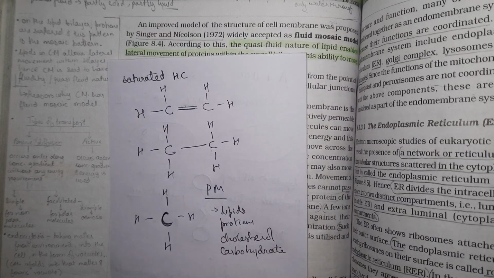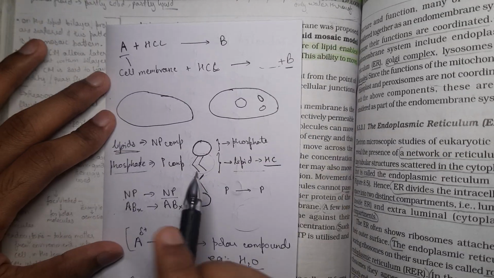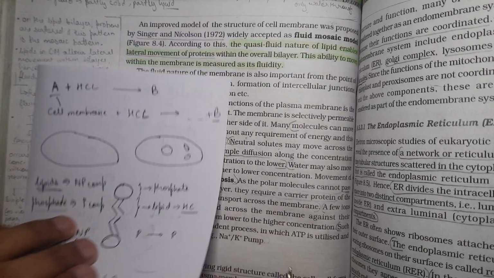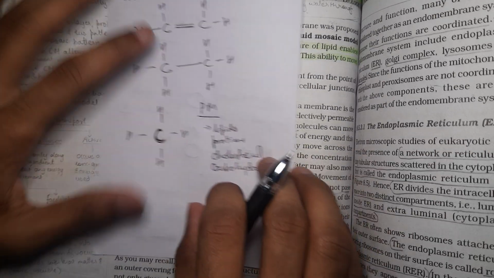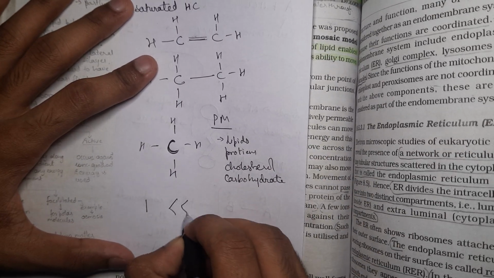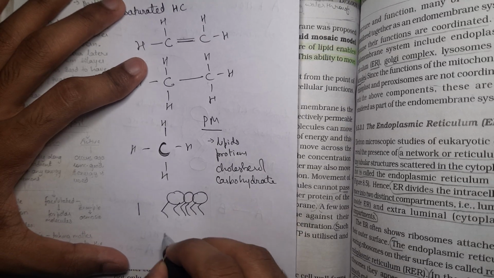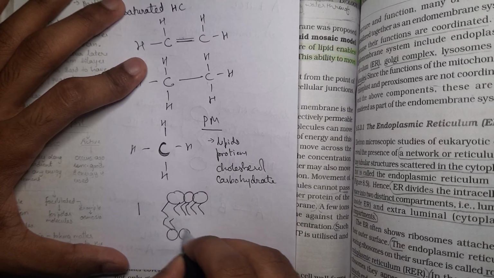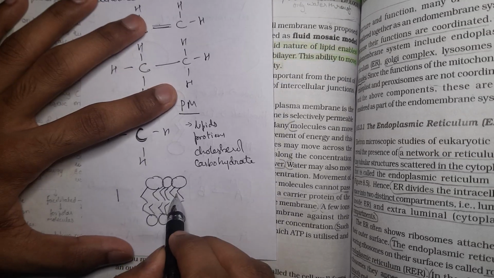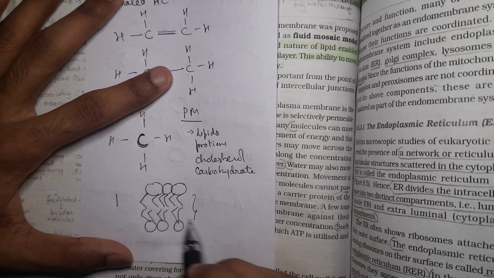Now see, as I said, polar molecules only like polar molecules and non-polar molecules only like non-polar molecules. There is a phospholipid bilayer, right? You know there is this phospholipid bilayer. In this bilayer, I'm just drawing this so that you can understand, okay? Can a non-polar, see this is what are these lipid parts?